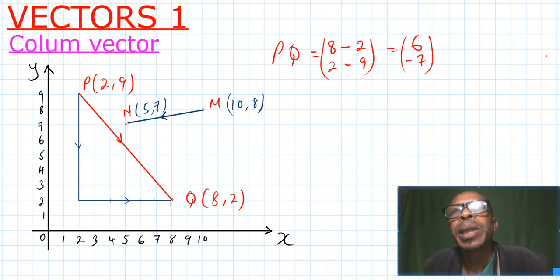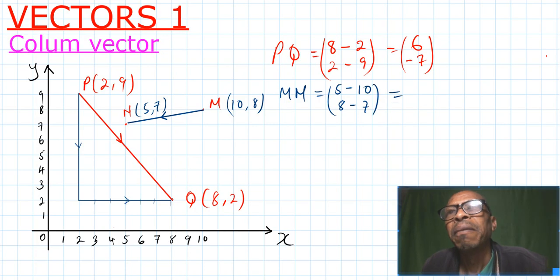So we say MN is equal to, now x has changed from 10 to 5, so we say it is 5 minus 10, and the other one has changed from 8 to 7, so we say 7 minus 8. So this gives you what? 5 minus 10 is minus 5, and this is minus 1.